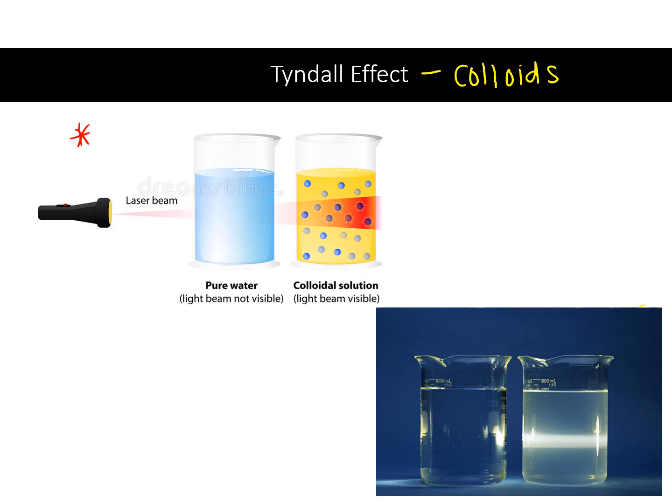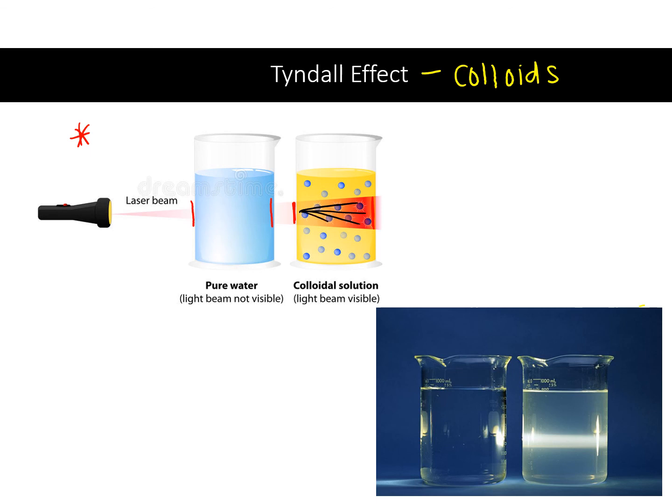through two solutions. So we see two mixtures. We see it being passed through pure water by itself, and what we see is that as it moves through the water, that laser beam kind of disappears. We don't really see the light moving through it. But when we see it come into the colloid solution with the medium-sized particles, we see that that light is going to scatter.